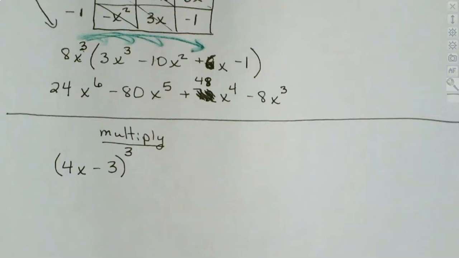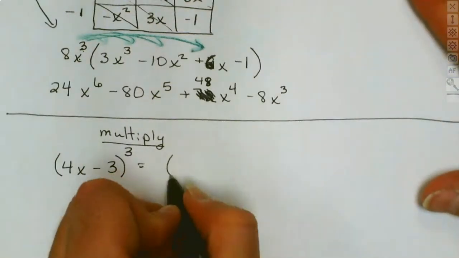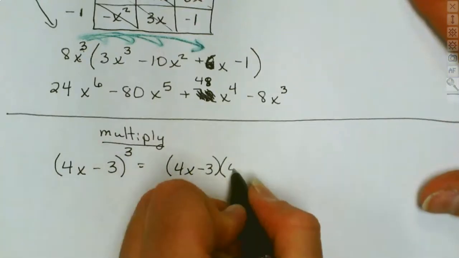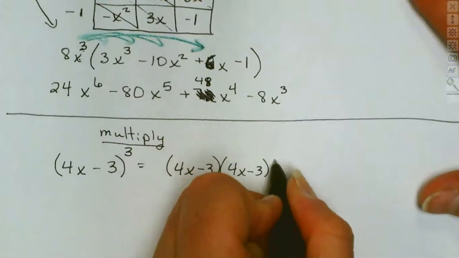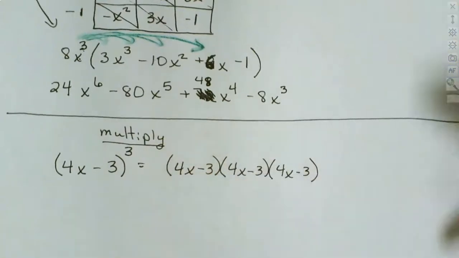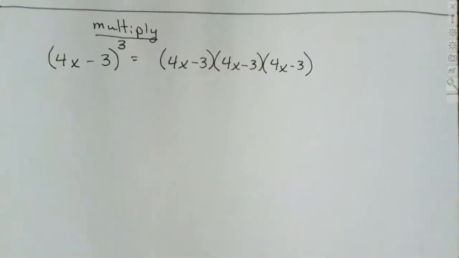Well, if it was squared, we'd write it out twice. If it's cubed, we have to write it out 3 times. So we're going to have to write this out 3 times. And then what we're going to have to do is FOIL.